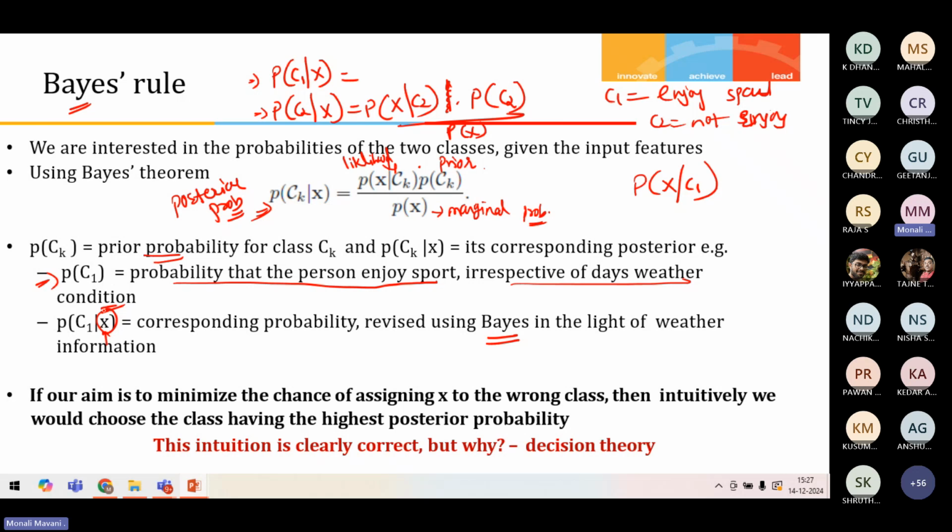Here, what are the features? Weather condition. If we incorporate a particular weather condition, the person's probability of enjoying sport might change. So that is what Bayes rule will help us in: modifying our prior. So when we modify the prior using this formula, we call it the posterior probability. And this is the probability that we are interested in in our machine learning.